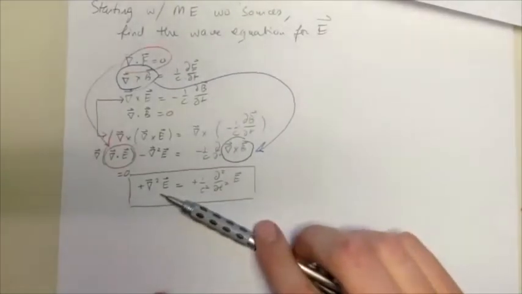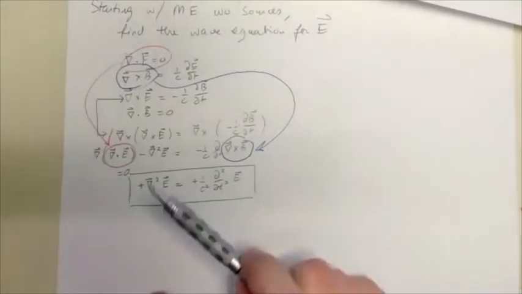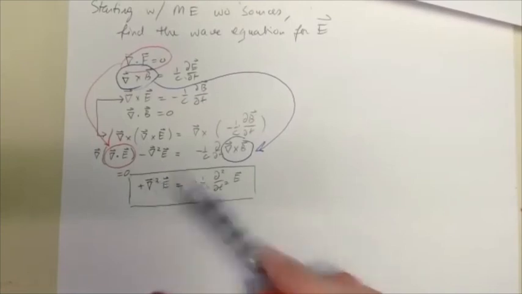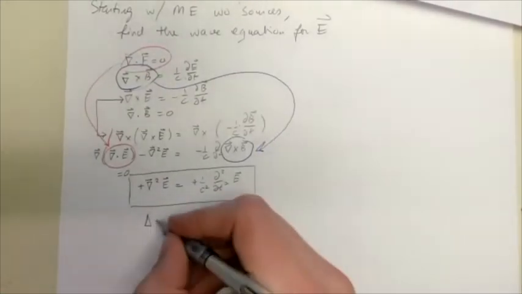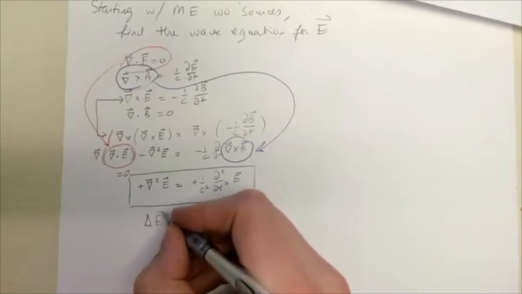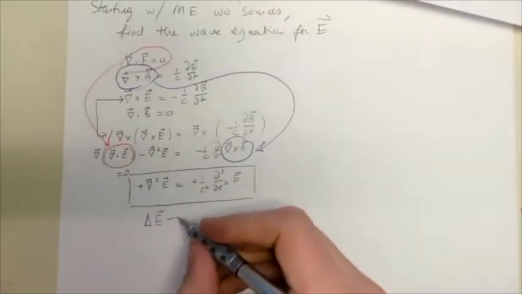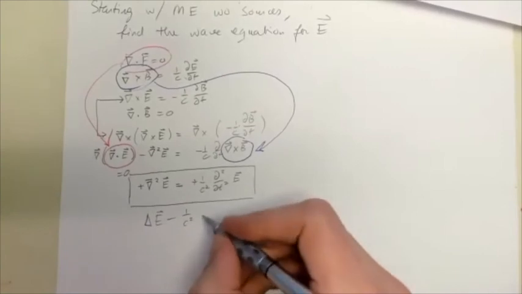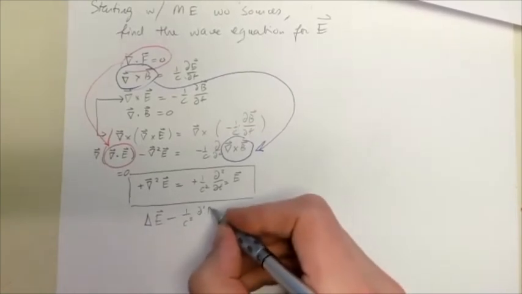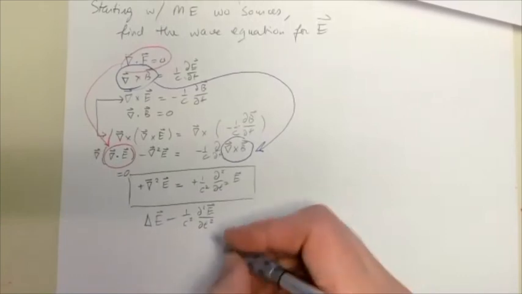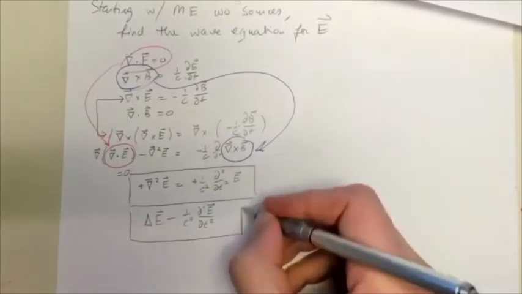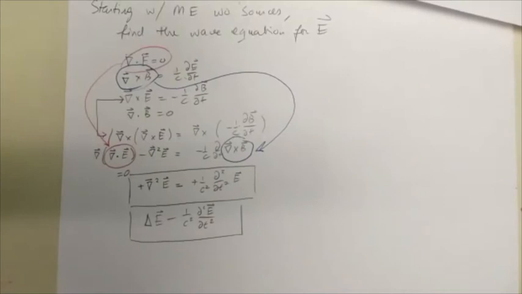Now, of course, this nabla operator squared has a shorthand, and that's the Laplacian operator. So it's also minus 1 over c squared, and then d squared E dt squared. And that's your wave equation for E.